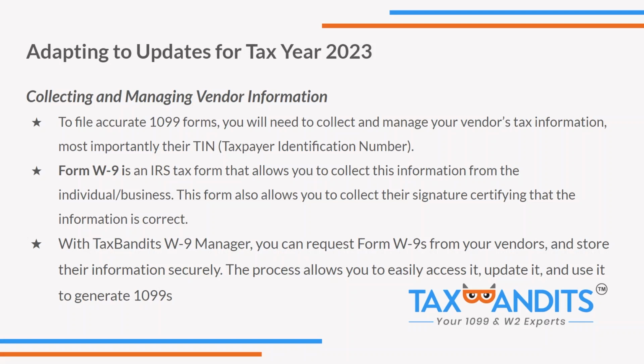This form also allows you to collect their signature, certifying that the information they're providing on the form is accurate. With TaxBandits W-9 Manager, you can request Form W-9 from your vendors and store their information securely. This process allows you to easily access the data, update it, and use it to generate your 1099s for year-end reporting.